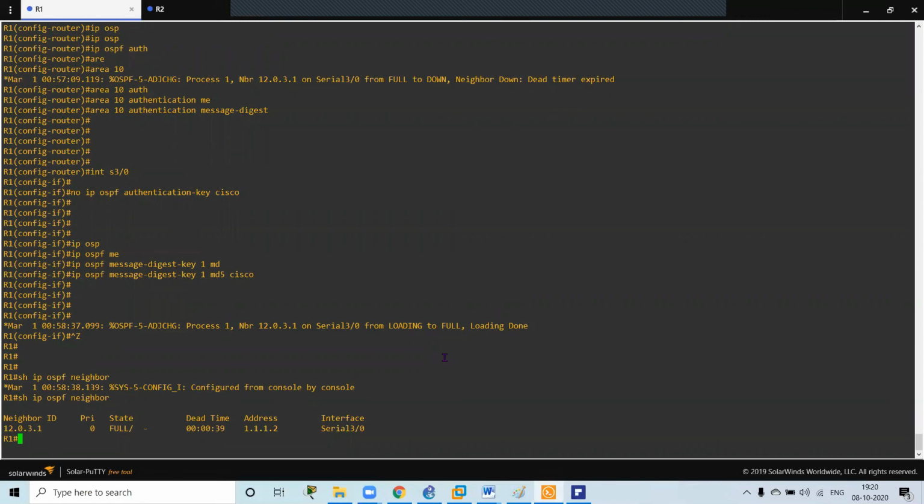So interface level is the best thing to configure. Both are MD5. We can give MD5 at the process level and also at the interface level.